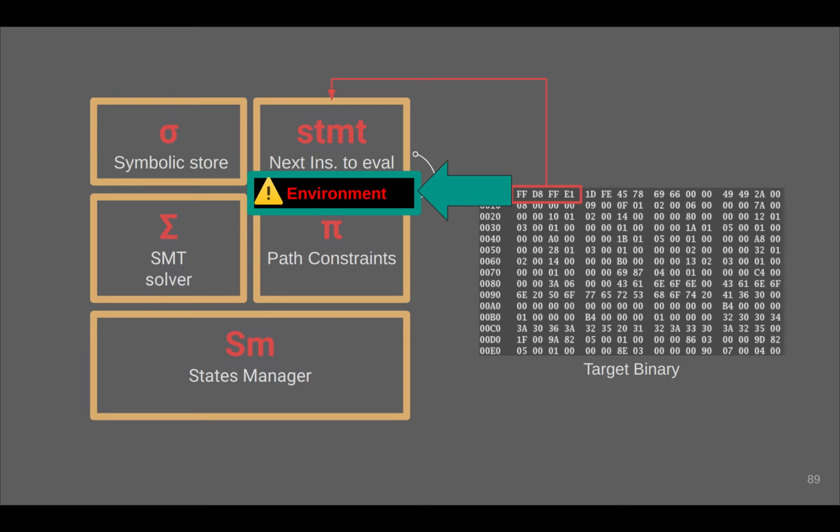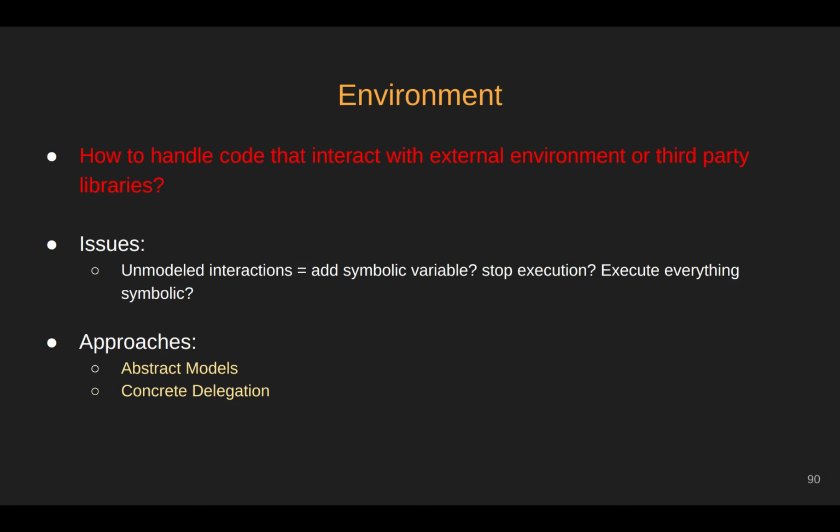Okay, and then you have another component, which is the environment. How do you handle code that interacts with the external environment or third-party libraries? If you have unmodeled interactions, what do you do? Do you stop execution? Do you add a symbolic variable?